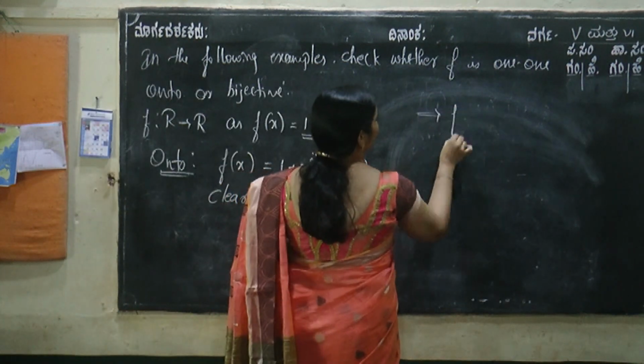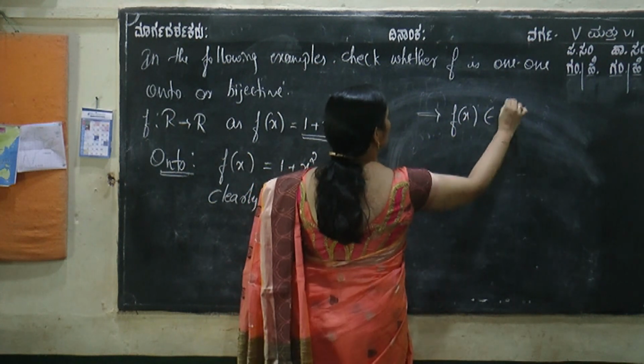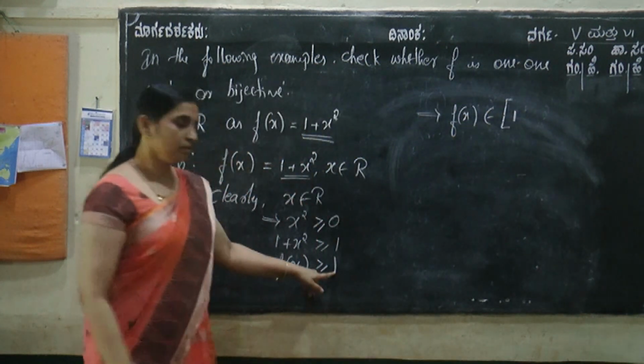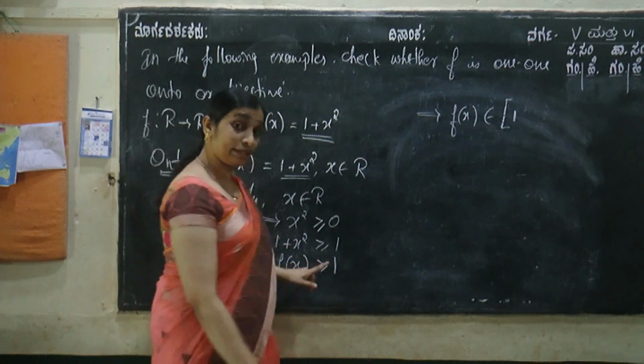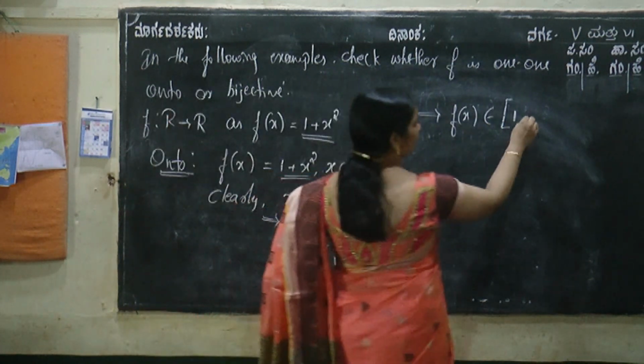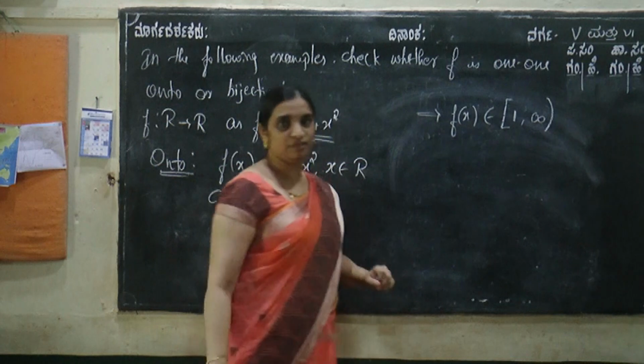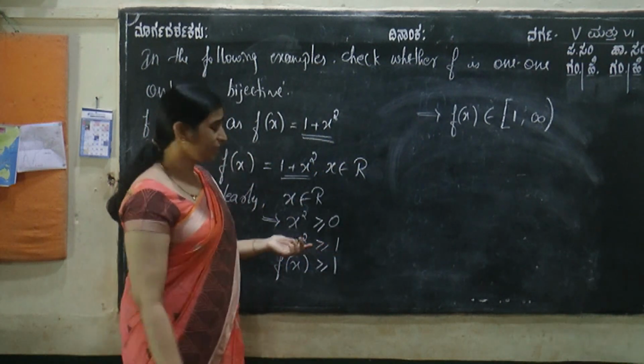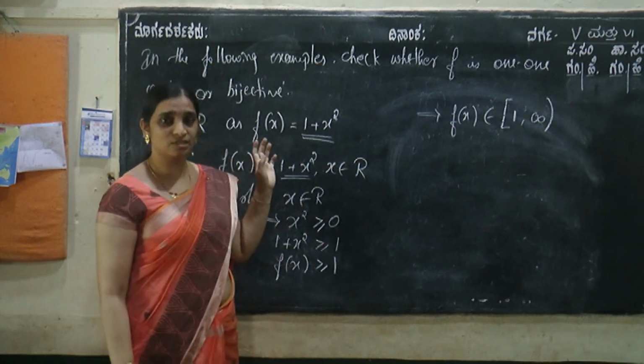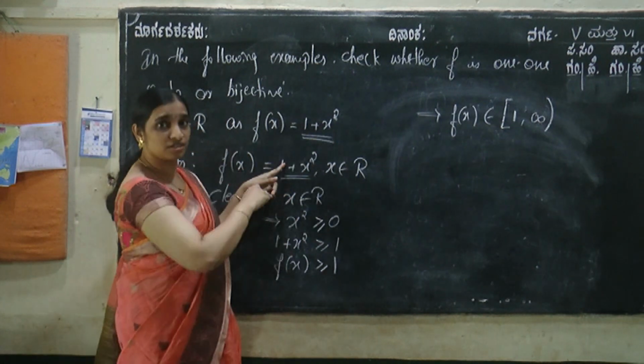Implies f of x belongs to the closed interval 1 to infinity. Or in other words we may say 1 plus x square is always positive.